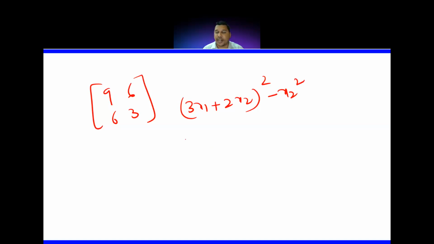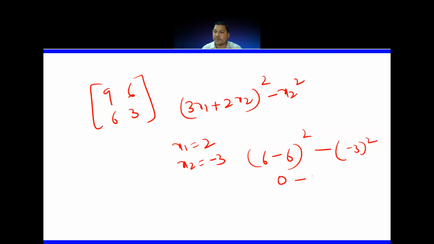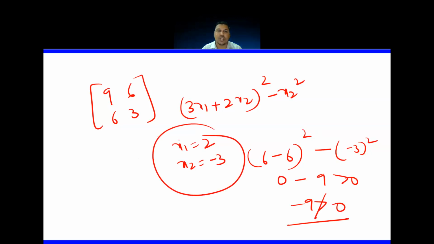So this cannot always be greater than 0: when I take x1 as 2 and x2 as minus 3, this expression is less than 0. See, 3 times 2 is 6, minus 2 times minus 3 is 6, so 6 minus 6 whole square, that is 0, minus 3 whole square, which is 9. So minus 9 is not greater than 0. Therefore, for these two values, this matrix is not a symmetric positive definite matrix.